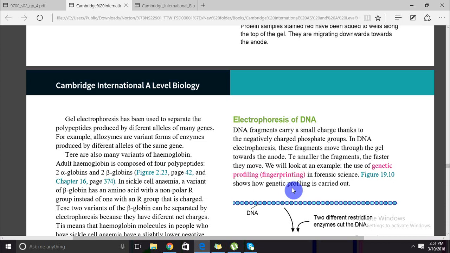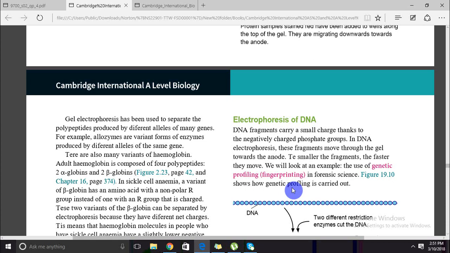Yay to phosphate groups. And so both proteins and DNA are negative, which is an interesting thing to note. And in DNA electrophoresis, the fragments will move through the gel and towards the anode, and the smaller the fragment, the faster they move. So in this scenario, charge isn't going to have an impact, only the size matters.